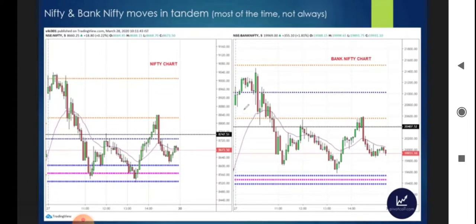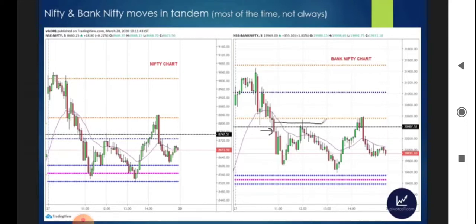The black dotted line you are seeing here is the previous day high. On March 27th, what happened? Bank Nifty broke the previous day high here, and Nifty also broke the previous day high, right? So if you are trading Bank Nifty, what would you have done? You would have gone short here, because Bank Nifty broke the support.